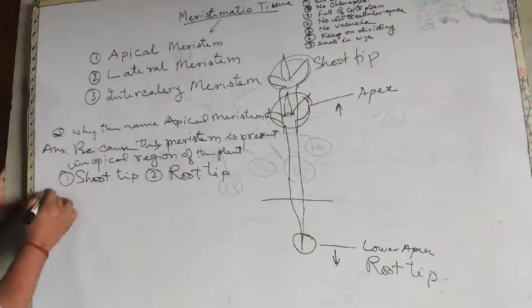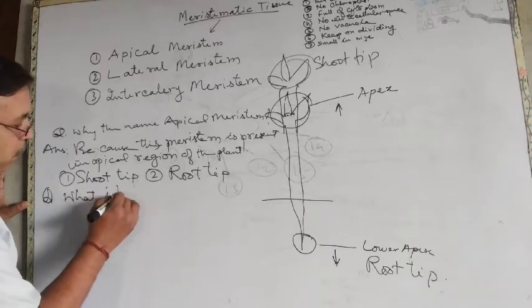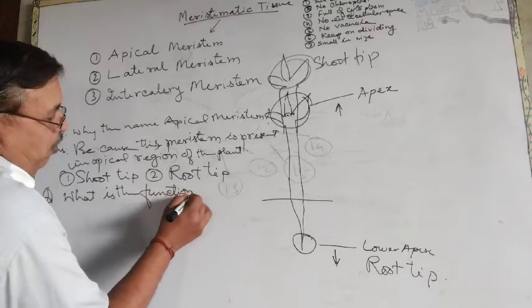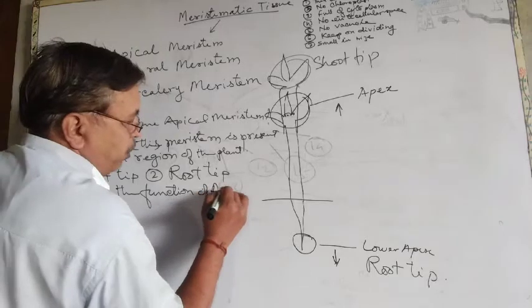What is the function of apical meristem?